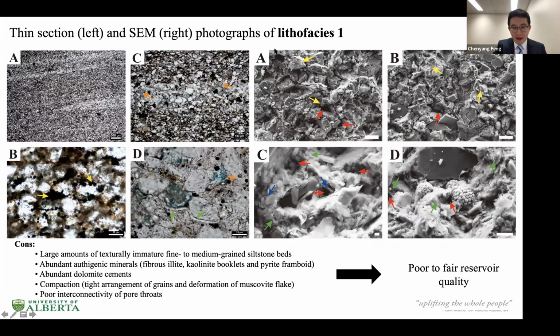Taking lithofacies 1 as an example, the pore spaces and the interconnectivity of pore throats were significantly reduced because of the texturally immature lithology, abundant authigenic illite clay minerals, pyrite framboid replacement, and abundant dolomite cement. In addition, compaction is inferred to play a negative role in the reduction of porosity. So the reservoir quality of lithofacies 1 is inferred to be poor to fair.